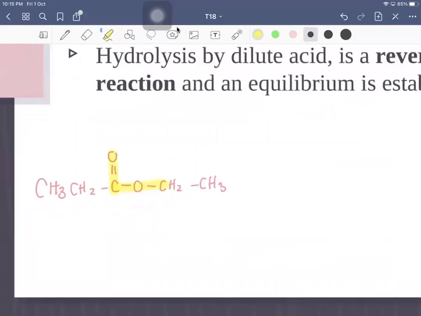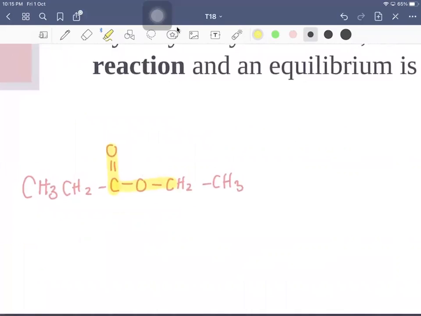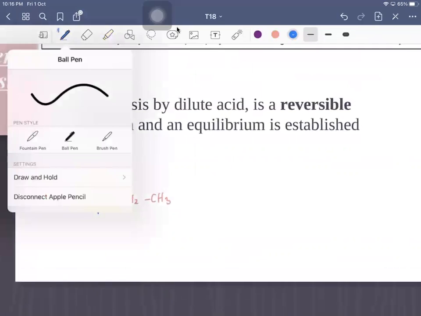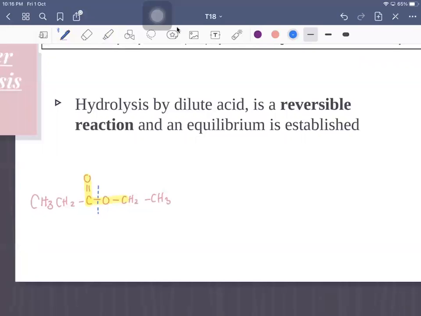So for ester, the bond is being broken where the bond was made. I don't know if you still remember the esterification process, but the bond being broken is at the C single bond O.